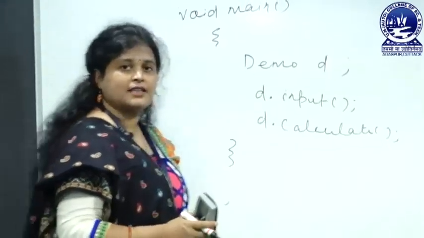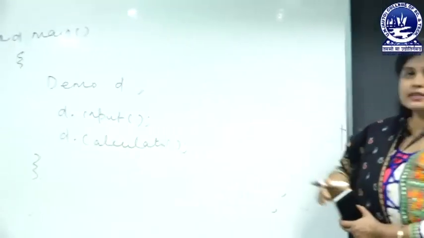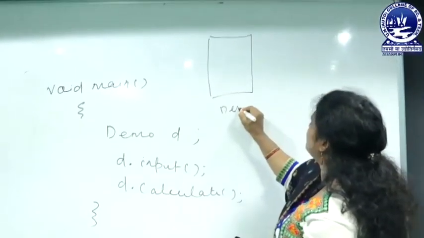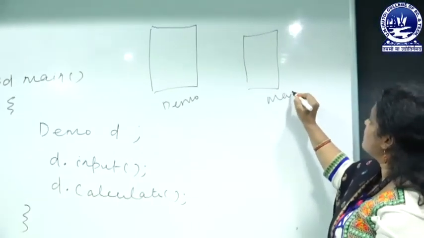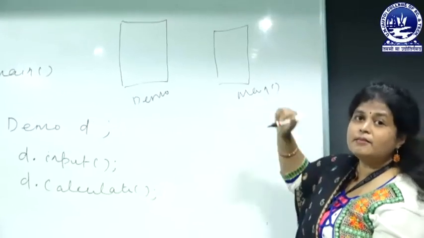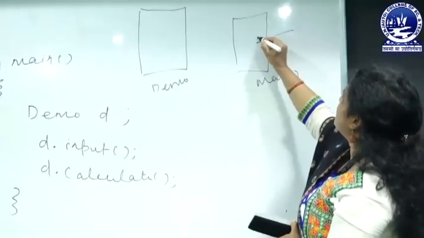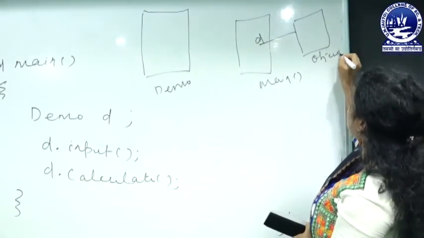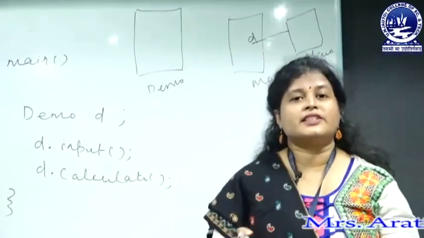Now we will discuss what will be the output of this program. Suppose this is the class demo, this is the main method. Inside the main method, we have written demo d. It means that d is the object and inside d, all the data members of the class demo are present.